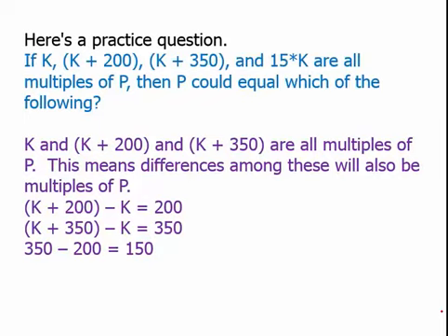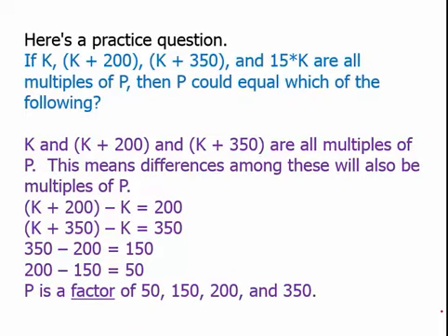That's a multiple of P. Well, if 150 is a multiple of P and 200 is a multiple of P, I could also subtract them. So 200 minus 150, that gives me 50. That's a multiple of P. So in other words, P is a factor of all four of these numbers: 50, 150, 200, and 350.